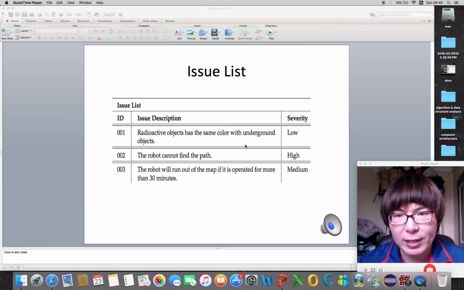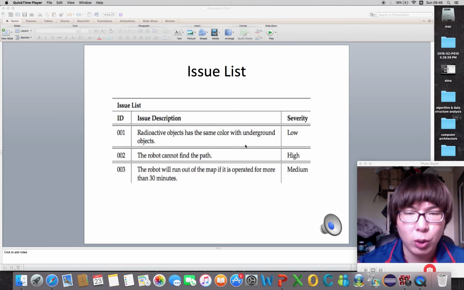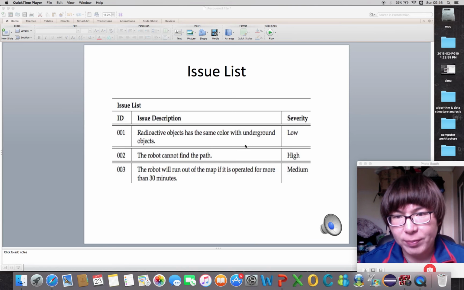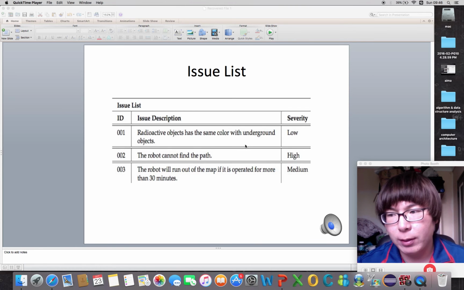So this issue list can help the programmers to improve their codes and tell the users the bugs of these codes and this robot. Like shown on this graph, it's a part of the whole issue list.